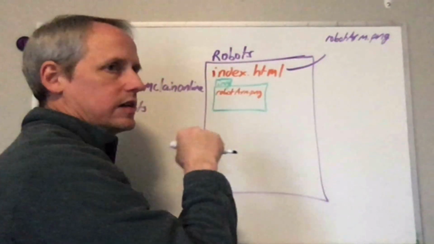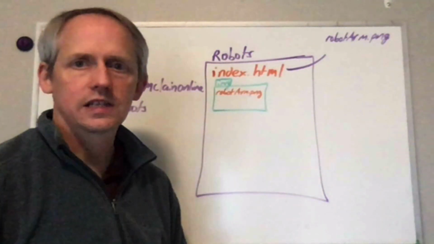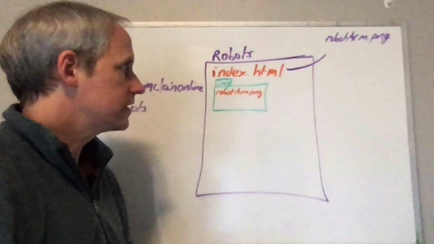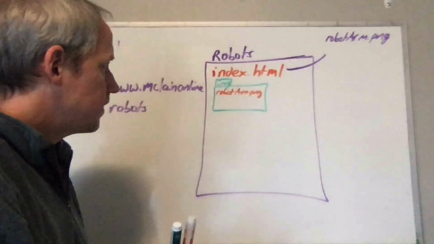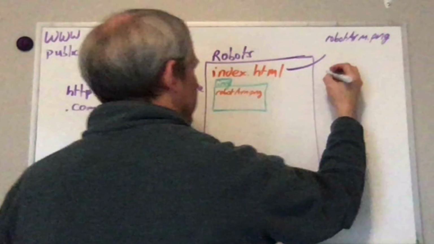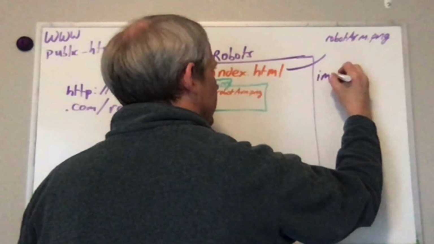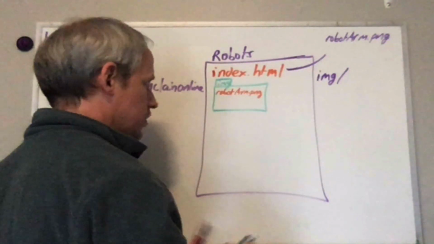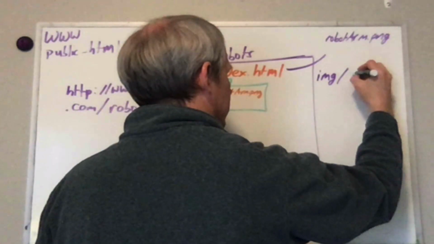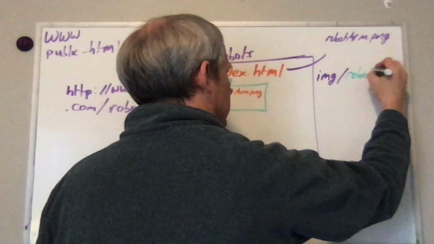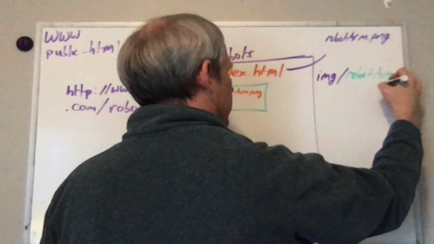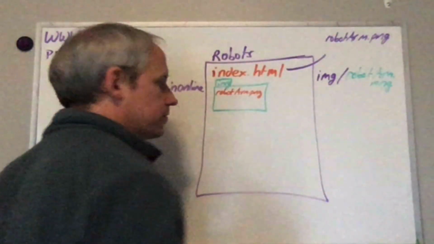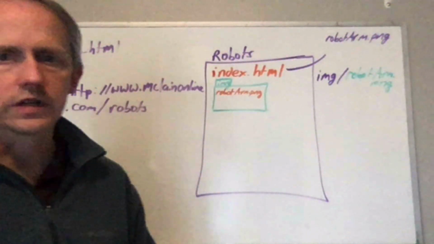It only sees img, it can't see inside that subfolder that's img. So if I want to get in there, I have to say img slash, and now I'm looking inside that img folder, so now I can find robotarm.png.